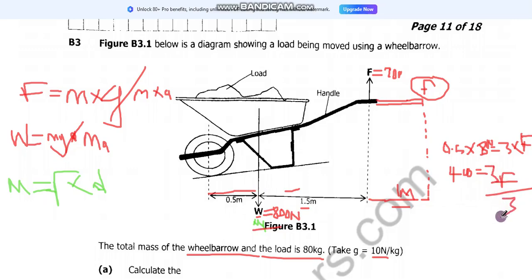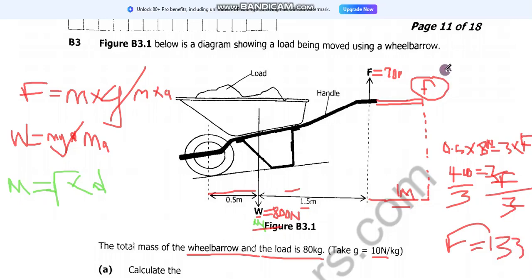You divide over 3, you also divide over 3. So the F now will be 400 divided by 3, you are getting 133.33.